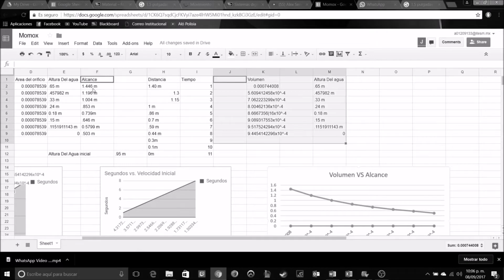I think the analytical results were more accurate than the practical results, because we didn't have material specialized for measuring this type of problem. So as a comparison, this data is more accurate than this one, and the results obviously change because of the instruments that we used to measure the range and the time.